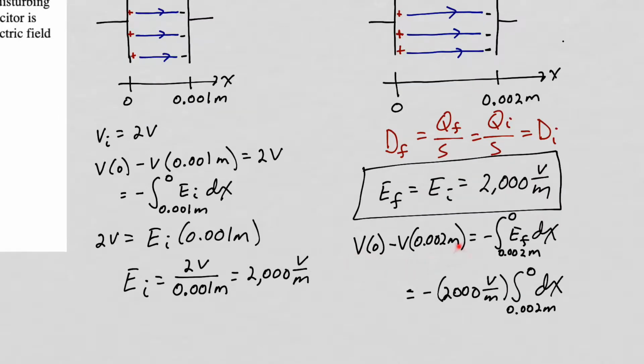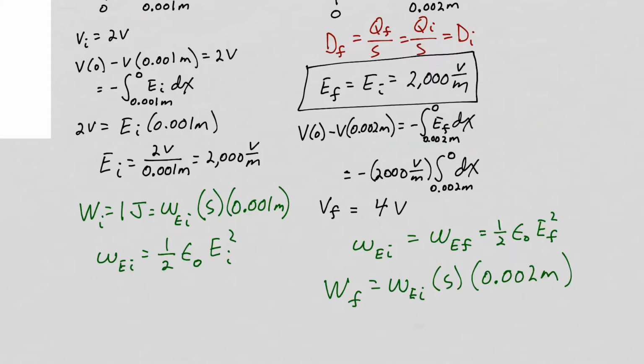We can find the voltage across our capacitor by integrating minus the electric field intensity from the right plate to the left plate. And we find that the voltage drop has increased to 4 volts.